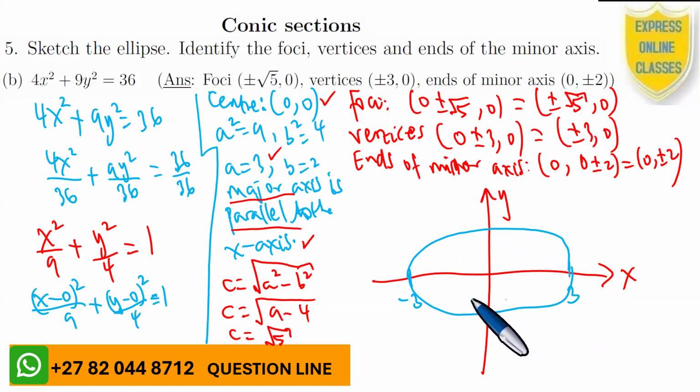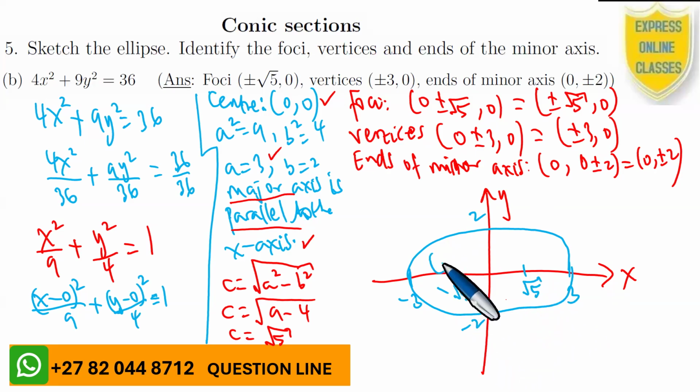The minor axis, 2 and minus 2. The foci are at negative the square root of 5 and positive the square root of 5, like this.